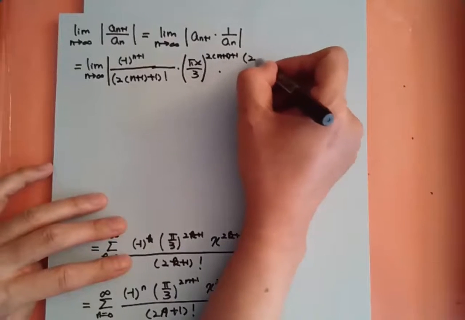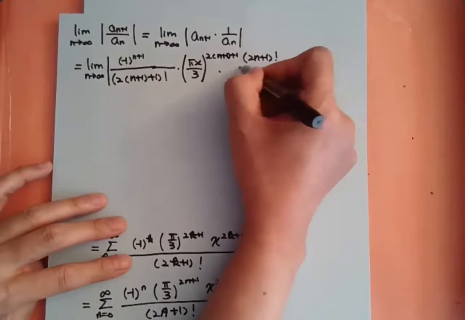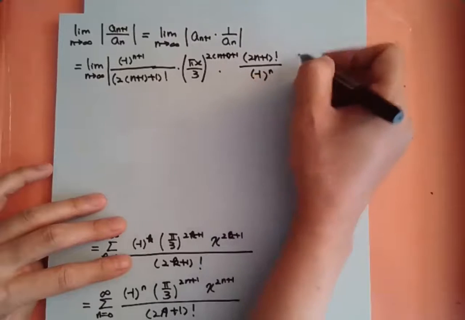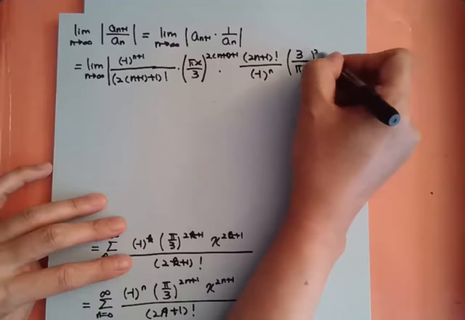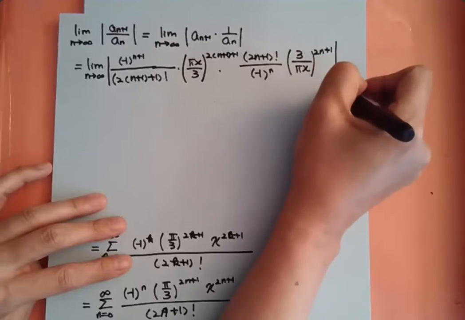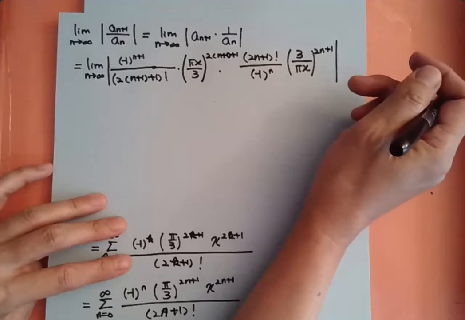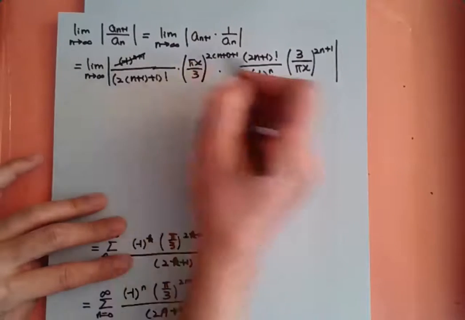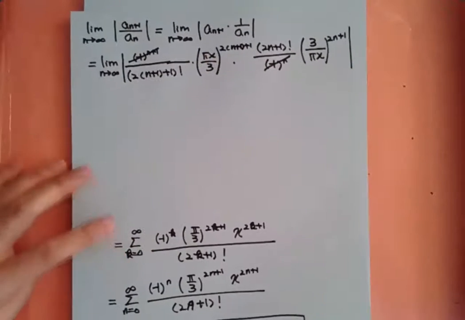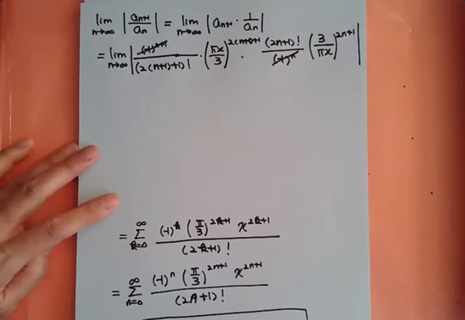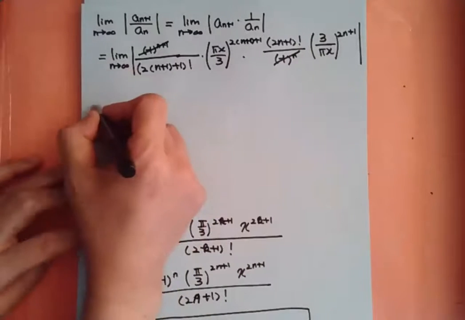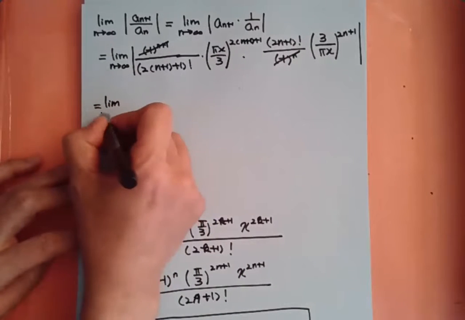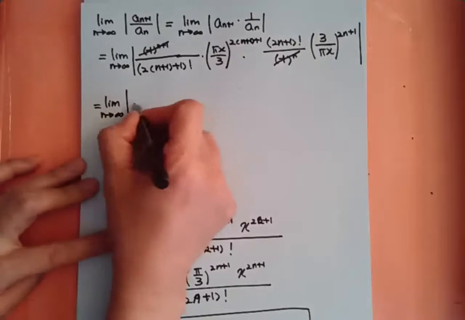And then we have (2n+1)! over (-1)^n and 3 over pi x to the 2n+1. So those two signs don't have to be considered because we are thinking about absolute value. And we will gather the similar things together to simplify.